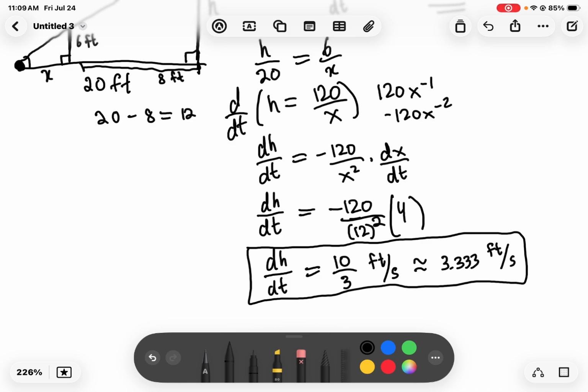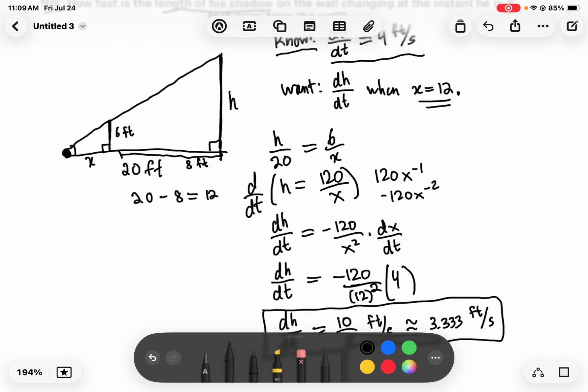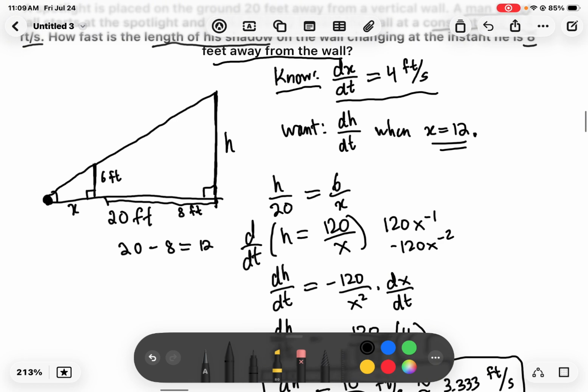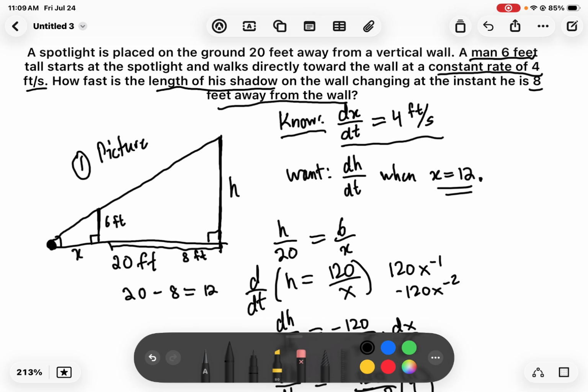Nice. Okay, so just to recap, the general approach in these related rates problems is first you want to draw a picture, so that helps you picture what's going on. And then from that picture and from the word problem itself, you can write down what you already know and what you want, what you're trying to solve for.